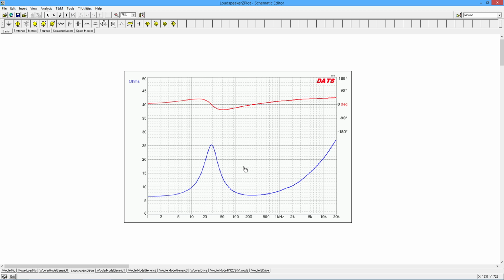Two of the big names associated with that were Neville Thiele and Richard Small. And that's where we get the Thiele-Small parameters that are often used to describe loudspeakers. They did a lot of work on this, and you can find their papers in the early and mid-1970s in the Journal of the Audio Engineering Society.